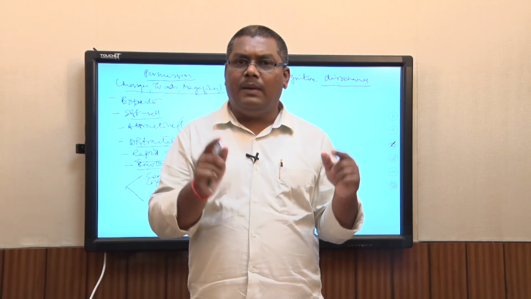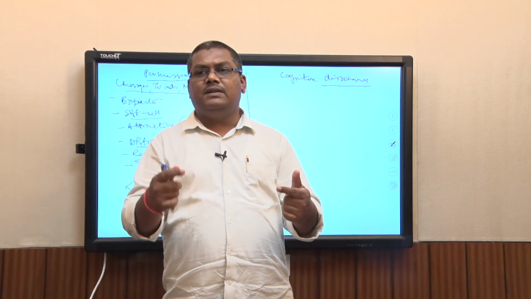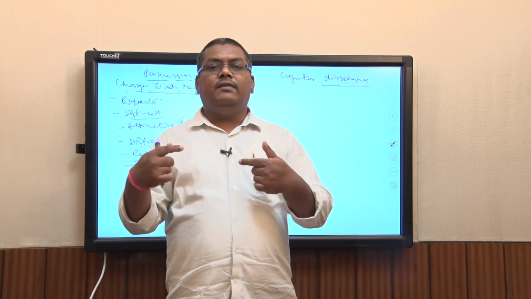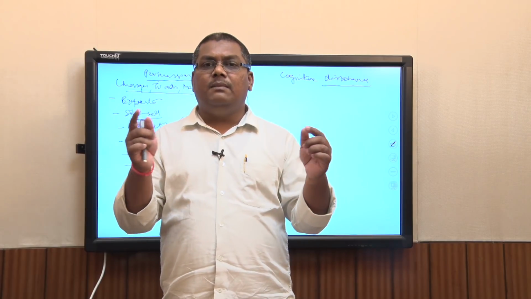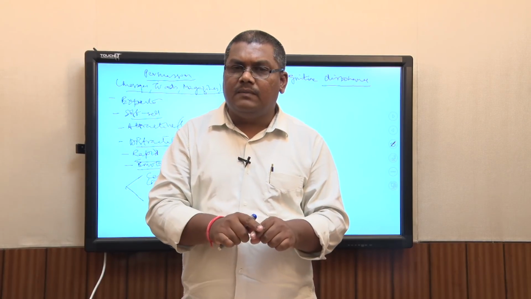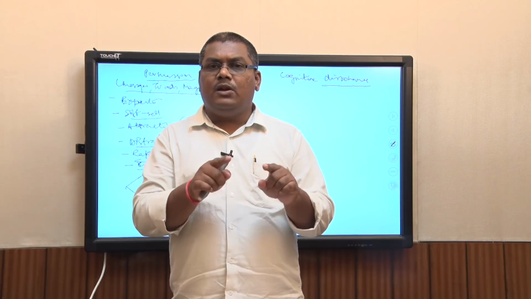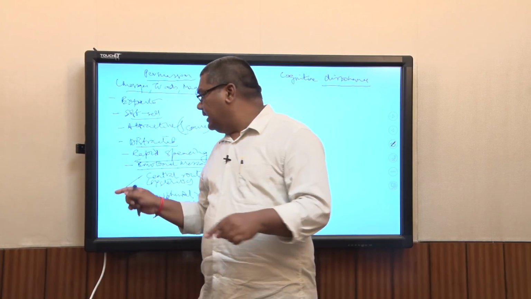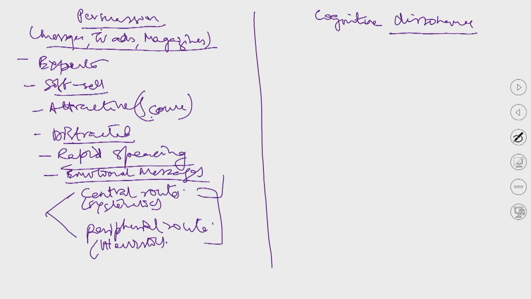Once they use their own mind, when a concept is very dear to someone, and when enough information is provided and people start employing their mind, thinking about that concept, thinking about that idea, and because of that they change their attitude, that particular way of changing attitude through persuasion is using the central route.